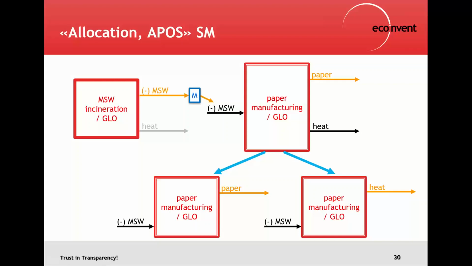So in the end, we will not provide all those data sets like here, paper manufacturing generating heat in all the cases, because it will be a lot of individual activities. We will aggregate them all with a weighted aggregation, of course, and rename this back to heat produced out of municipal solid waste incineration. Those data sets you will find in APOS.